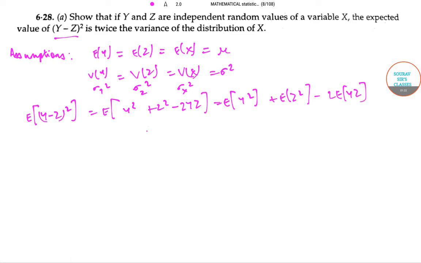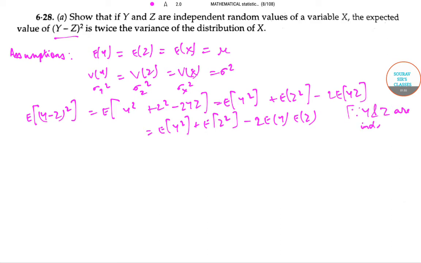Now we can write this further as expectation of y squared plus expectation of z squared minus 2 into expectation of y into expectation of z, since y and z are independent.